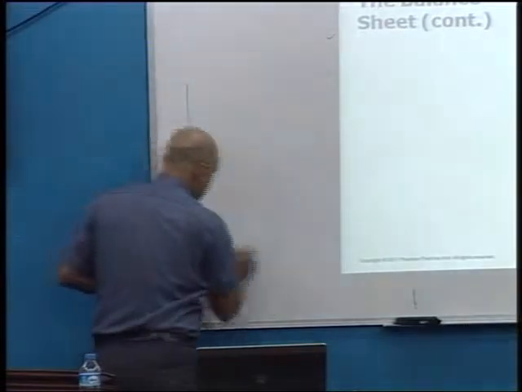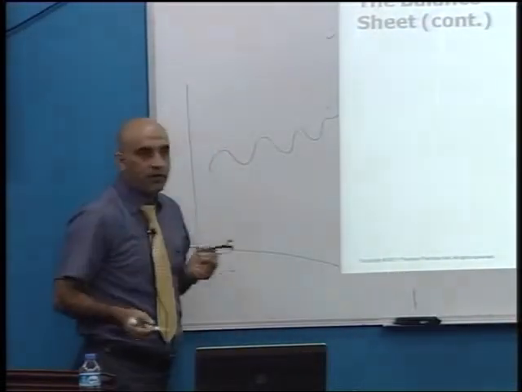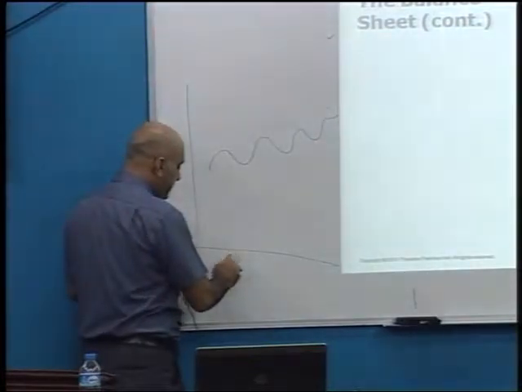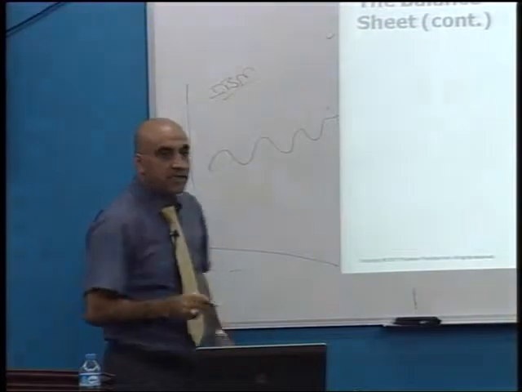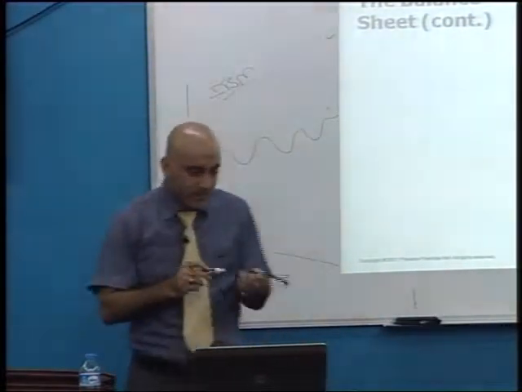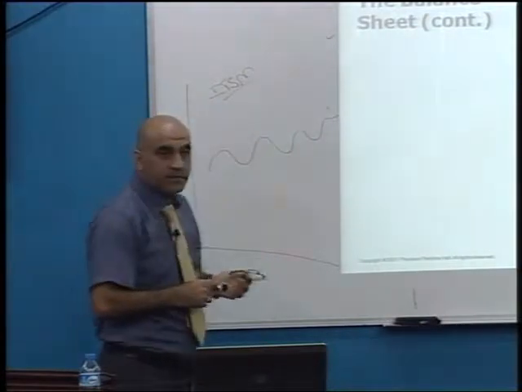You see, this is the chart for IBM, where the price fluctuates. So this is the market price.